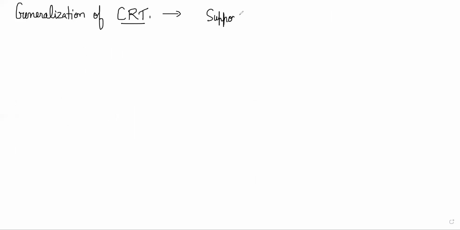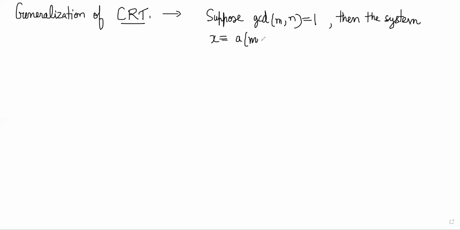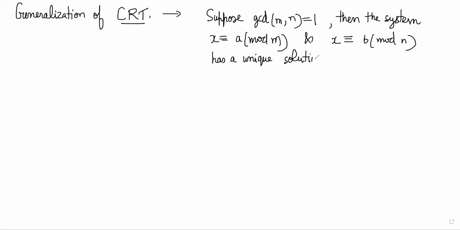Suppose GCD of M and N is 1, then the system x is congruent to A mod M and x is congruent to B mod N has a unique solution modulo MN. In the previous case, we had done a more general case. I'm just writing it in short for the two equation situation.